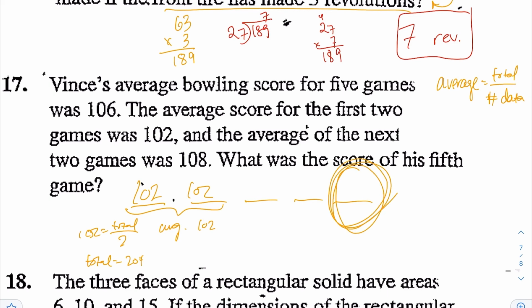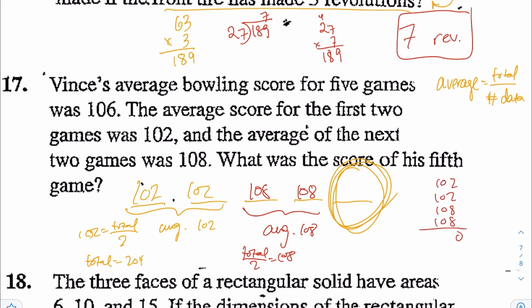So again, doing the same logic for the next 2 games. The average was 108. You can do total divided by 2 is equal to 108 and then just multiply by 2. Or you could just put 108 on both. So if you add everything up so far, you have 102, 102, 108, and 108. You have 420 so far.